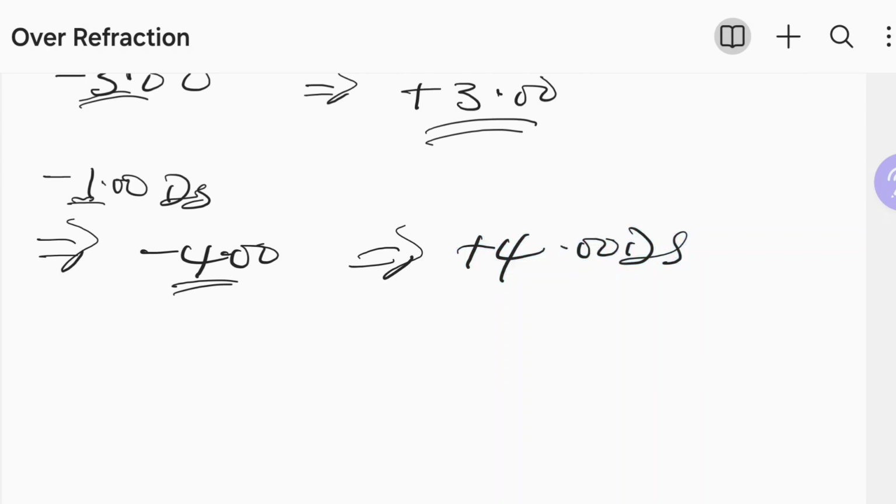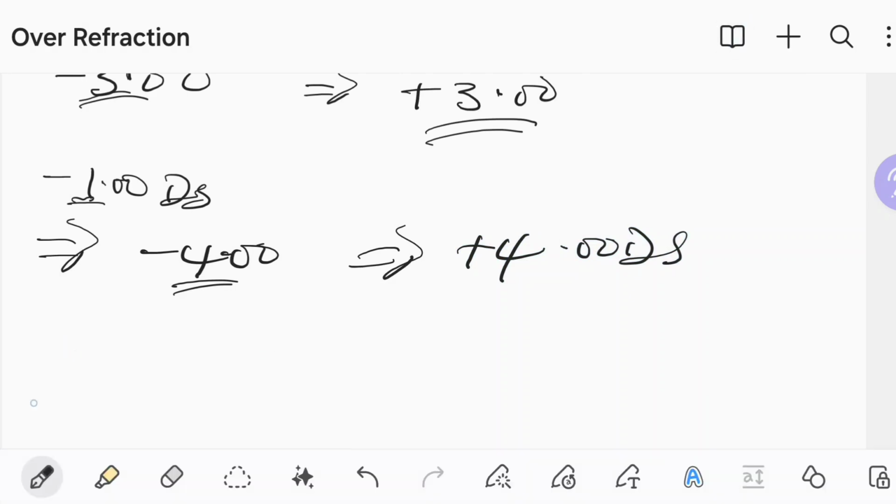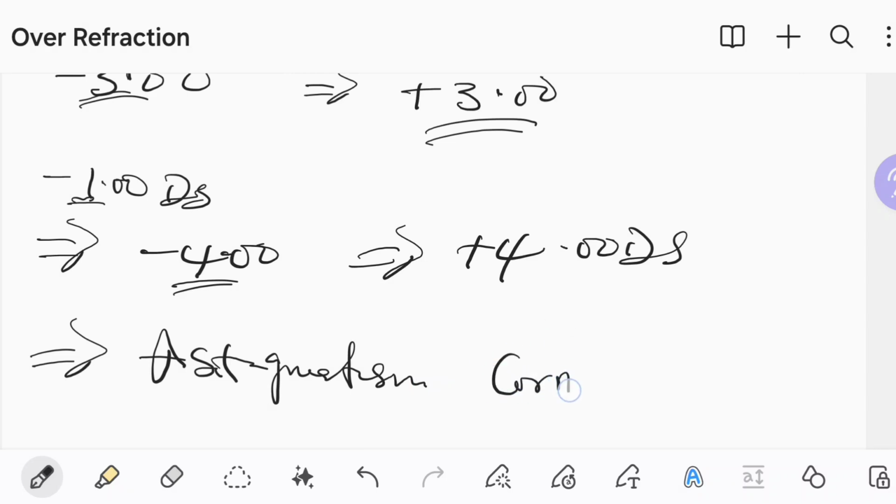So that is it. Most of the time, the reason why in this exam they always give keratometry reading is that you use the keratometry reading to do two things. First is to check if the astigmatism you are having is corneal or residual or internal.